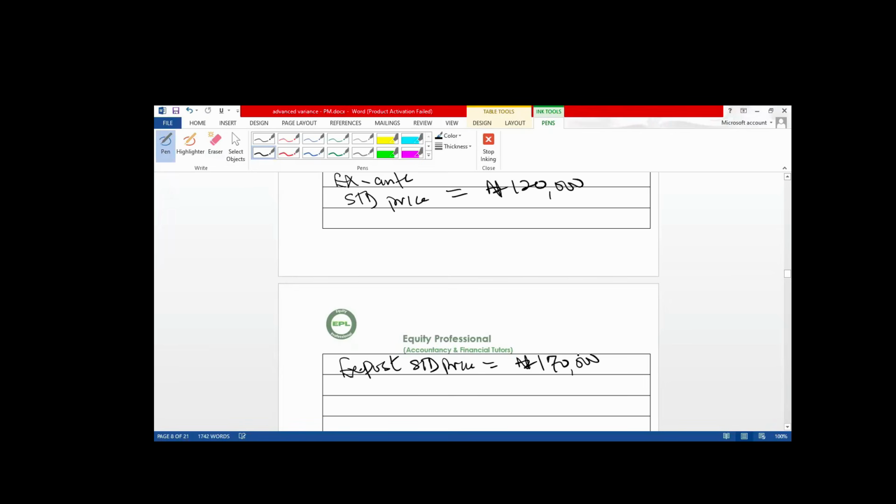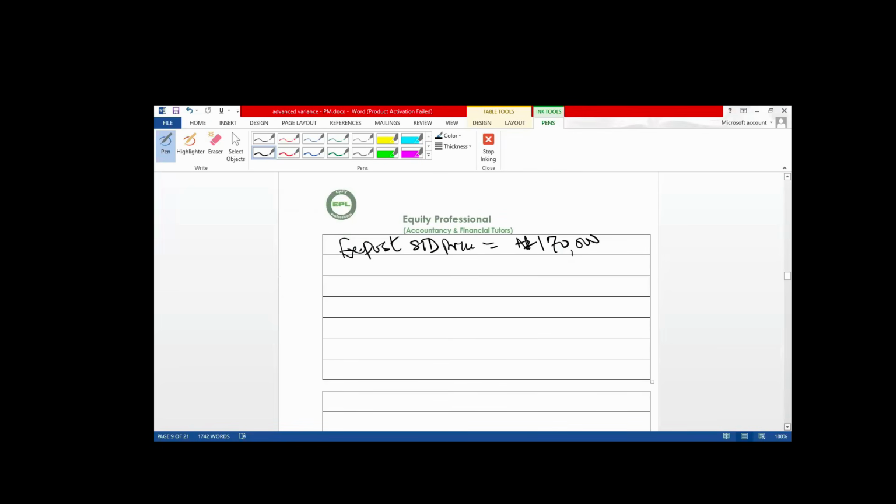Actual quantity purchased. Examiner says to produce 1 unit of plasma, we require 1 unit of component X. And to produce 1 unit of LCD, we require 1 unit of component X also.